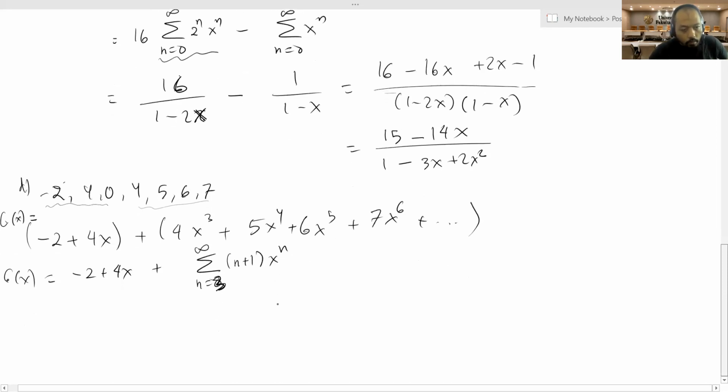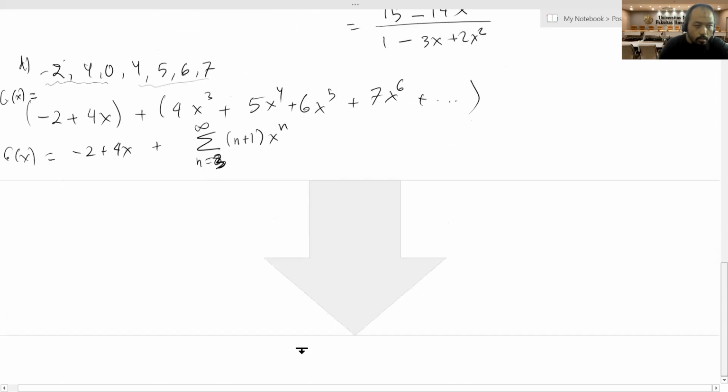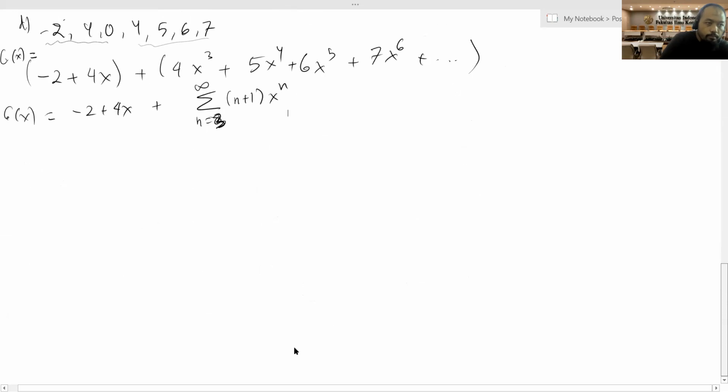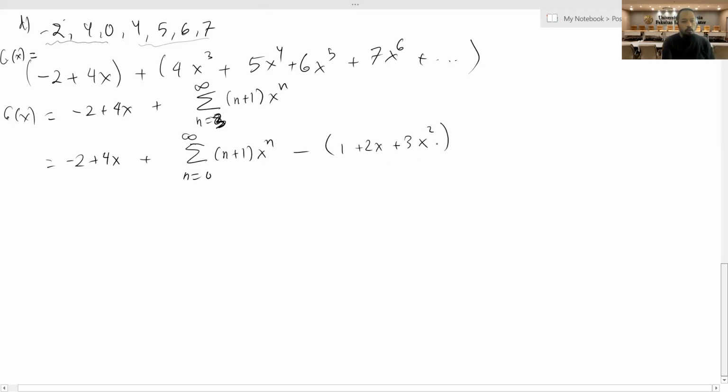Now we could simplify this further. This is minus 2 plus 4x plus the sum from 0 to infinity of (n plus 1) x to the power of n, minus, of course, 1 plus 2x plus 3x squared. So this gives us a very nice form.